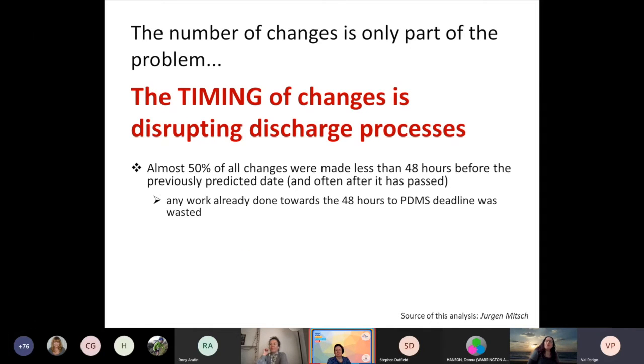So it's not just the number of changes, but actually the timing of the changes that disrupts the discharge processes. What we found is that a lot of the changes were made less than 48 hours before the previously predicted date. So if you change it too late, any work already done towards that deadline would be wasted.